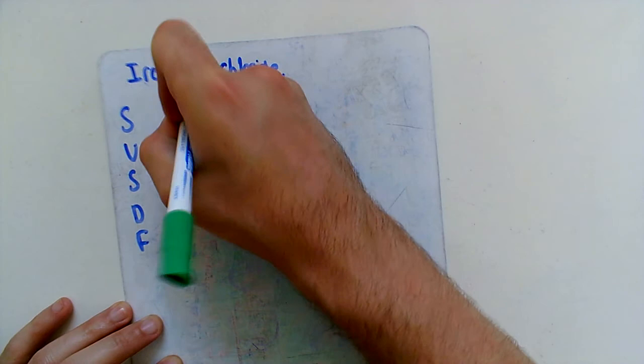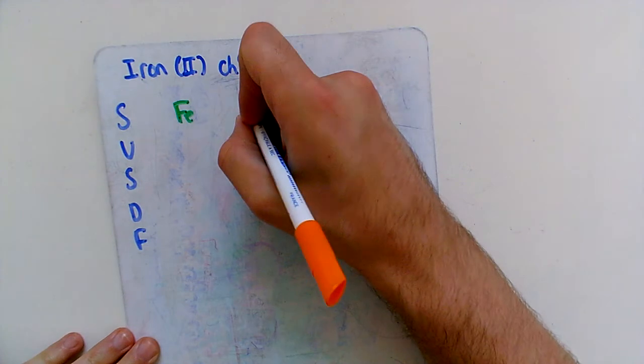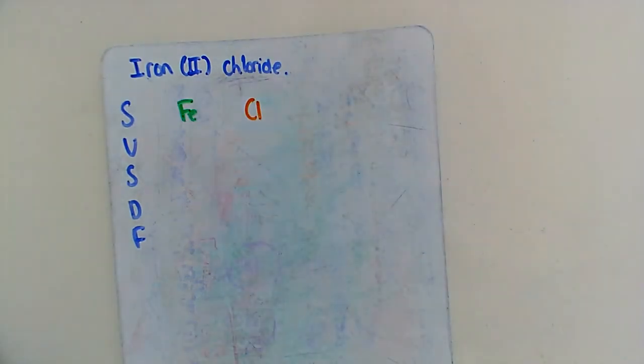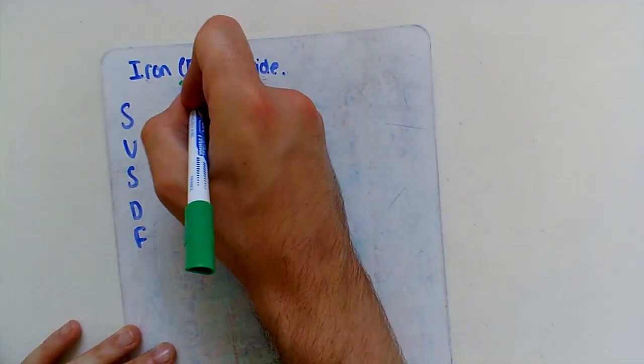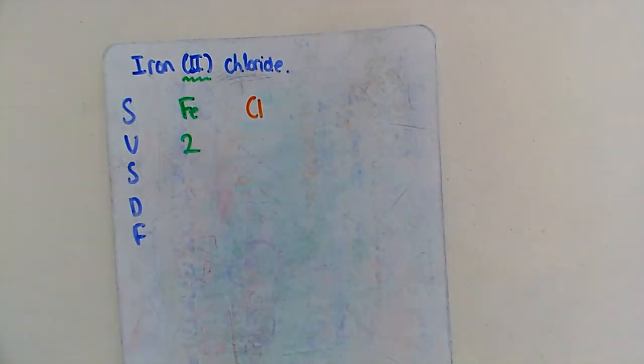Now the symbol of iron, if we look up the periodic table, is Fe. The symbol for chlorine is Cl. Now from the Roman numeral here, we know that the valency of iron is 2.